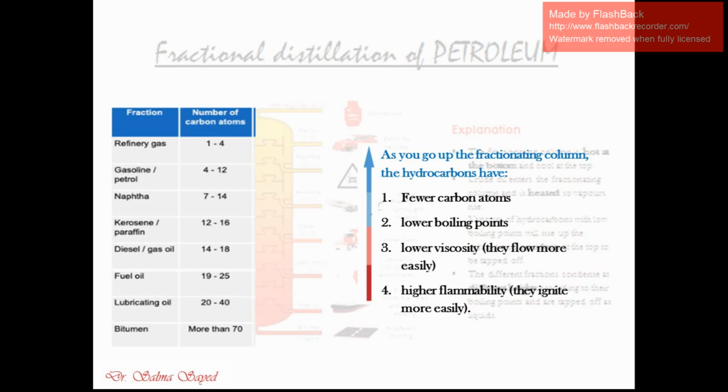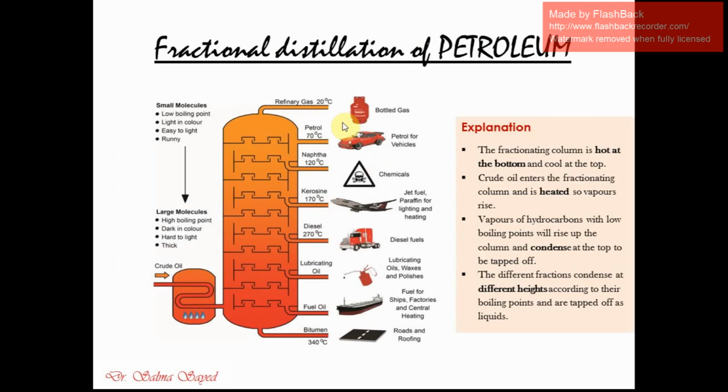Boiling points and viscosity are both lower, but they tend to ignite easily. They're more flammable and more volatile. That's why with something like the gasoline for cars at the gas stations, you get to smell it very easily, since it is more volatile compared to the fractions at the bottom.